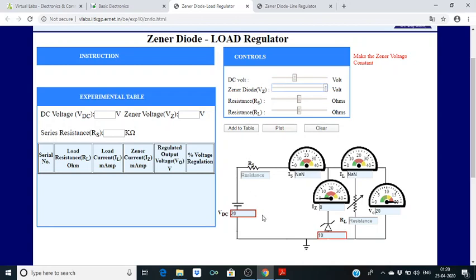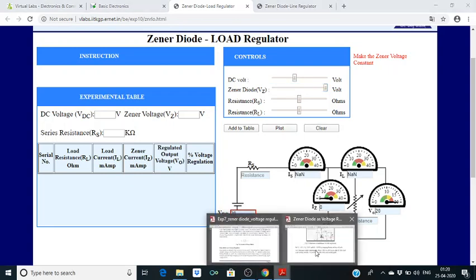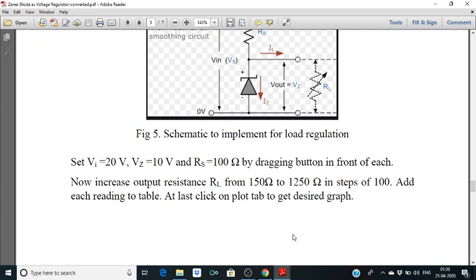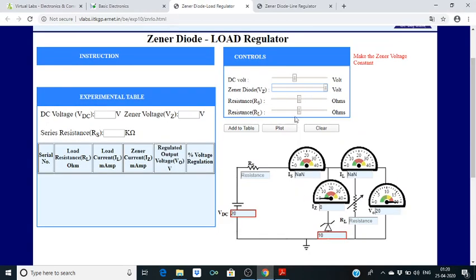Now always keep in mind that this VDC should always be greater than this VZ to maintain it in the breakdown region. And then RS we have taken as 100 ohm. So now what we will do is change RL.